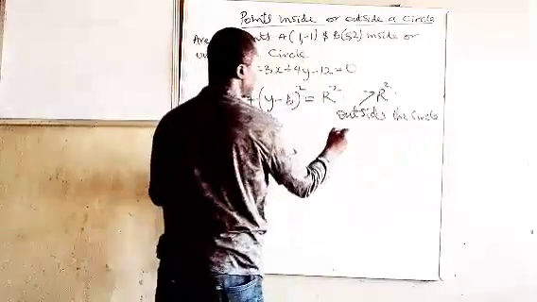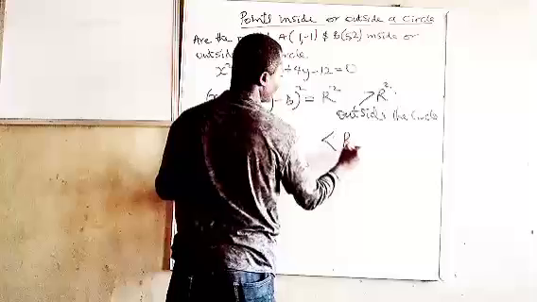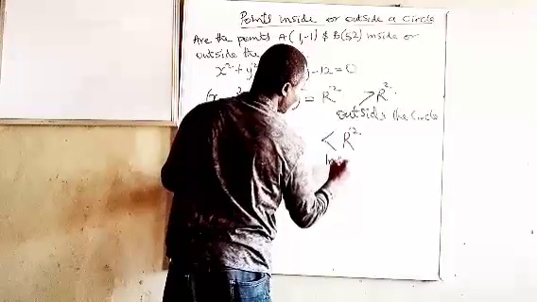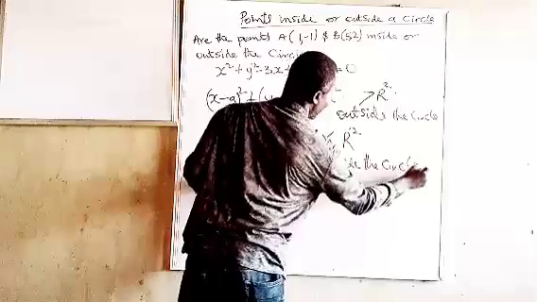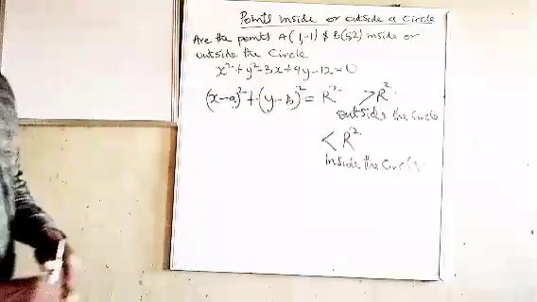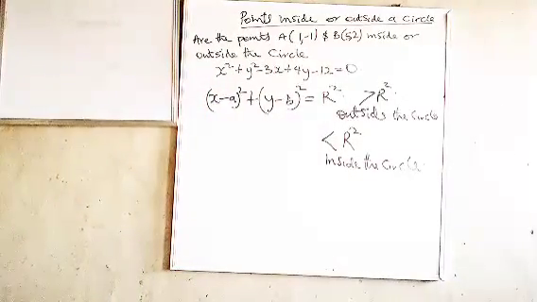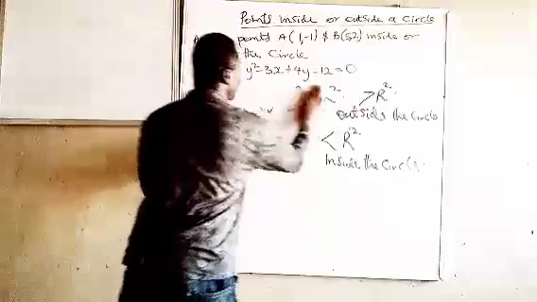If it is less than r squared, it means it is inside the circle. Now, let's work out this question given to us.